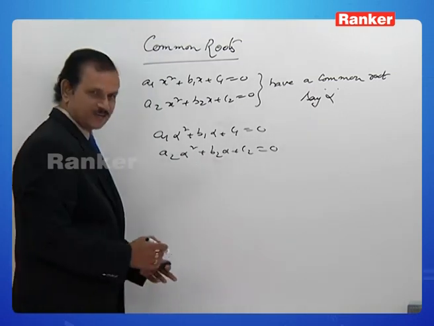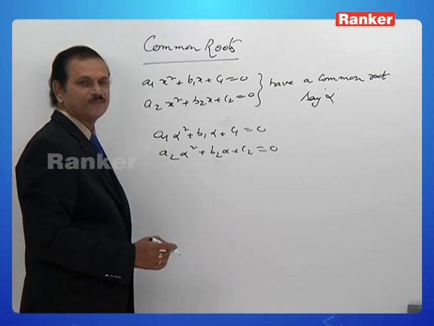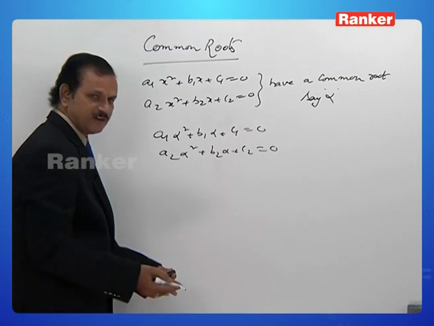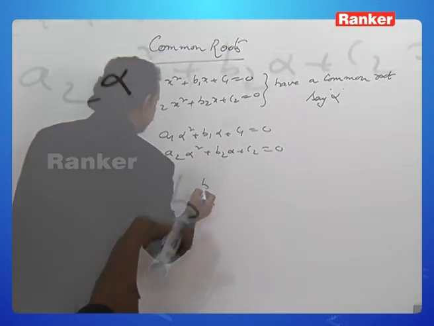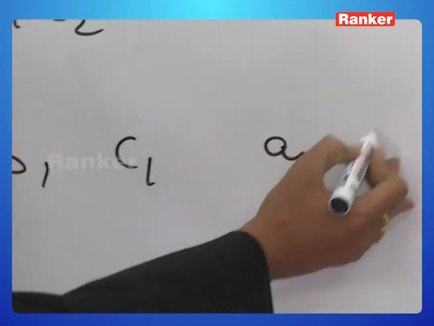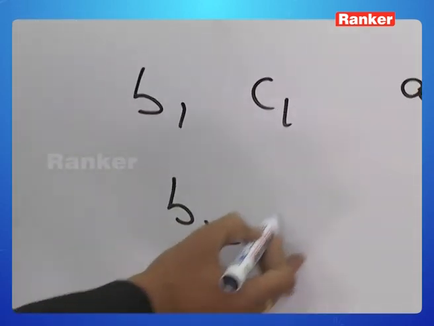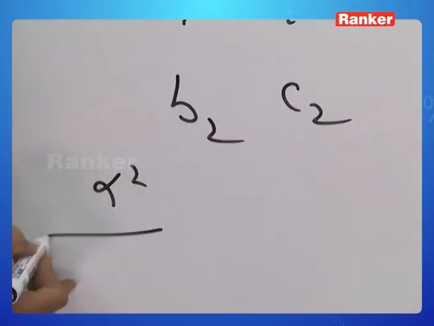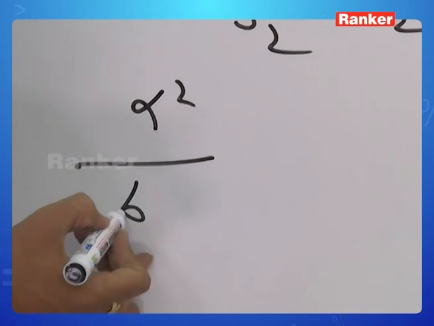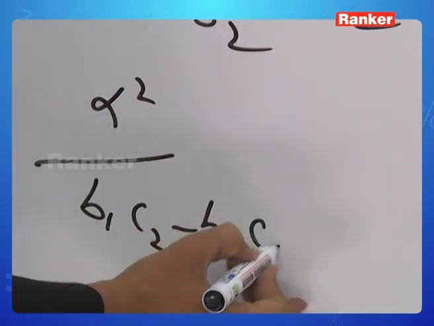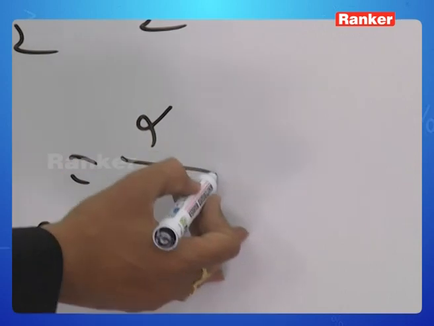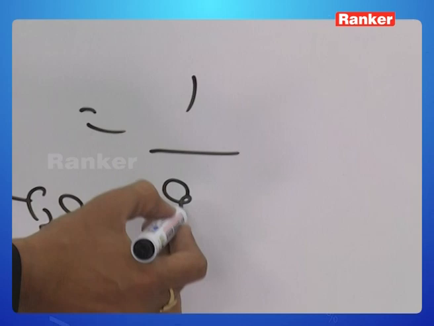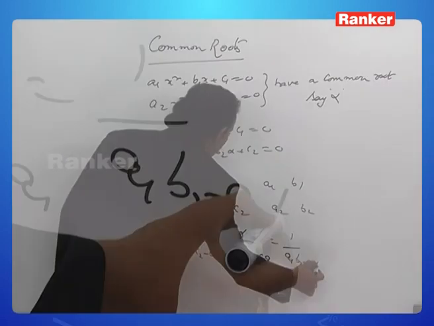Well, let us now try to eliminate alpha between these two equations by using just the cross multiplication method, which is very familiar to all of us: b1 c1 a1 b1, b2 c2 a2 b2. Alpha square by b1 c2 minus b2 c1 is equal to alpha by c1 a2 minus c2 a1, which is equal to 1 by a1 b2 minus a2 b1.